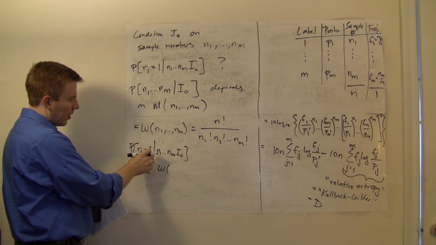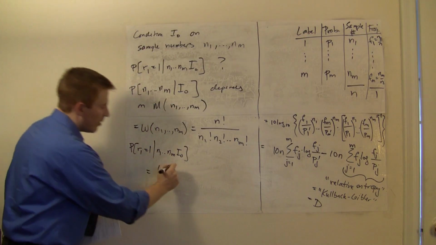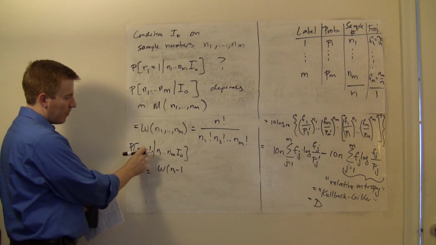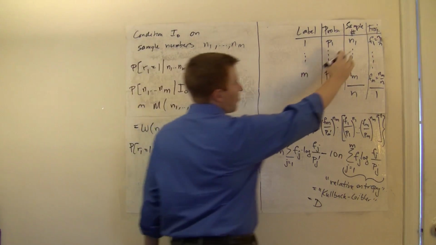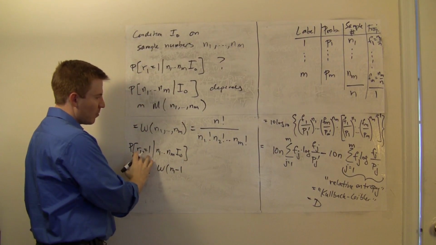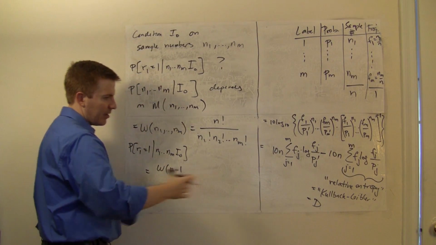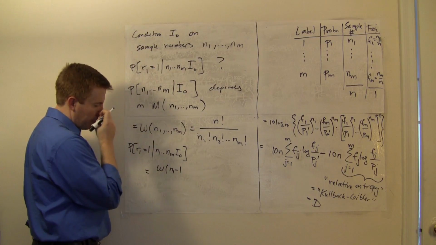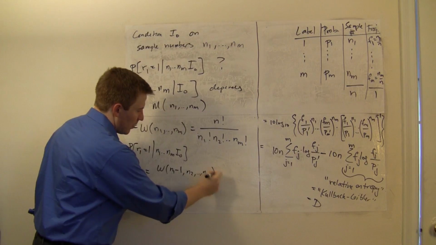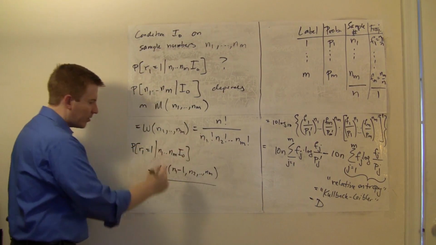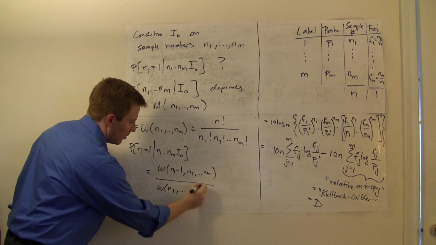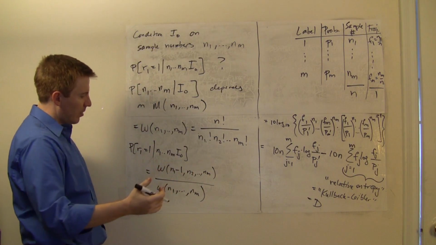We have n1 minus 1 counts of result of type 1. Remember, n1 is the number of times that the 1 result comes up. If we assume that one of them happens first, then we have a remaining number n1 minus 1, up to nm. And in our denominator, we're going to have the multiplicity of all of the possible ways of getting those sample numbers.